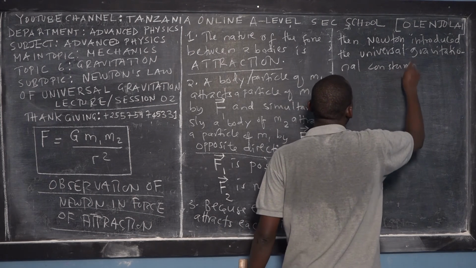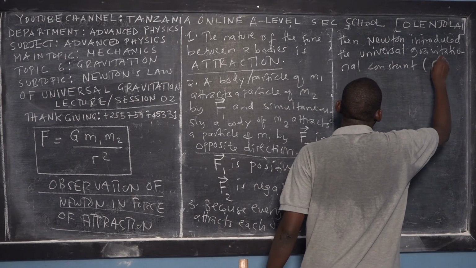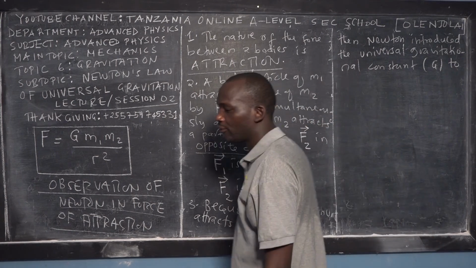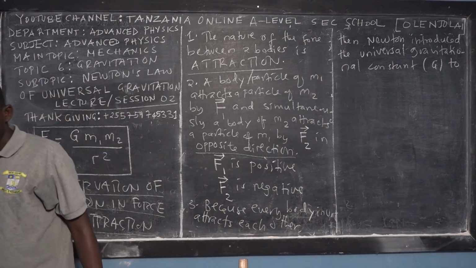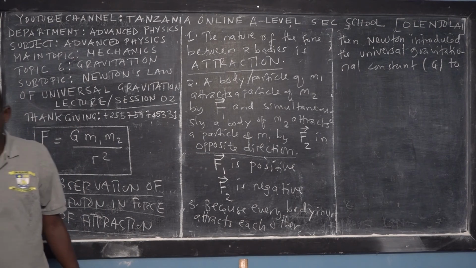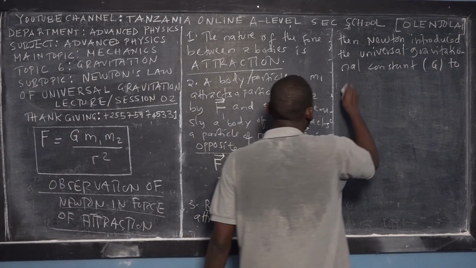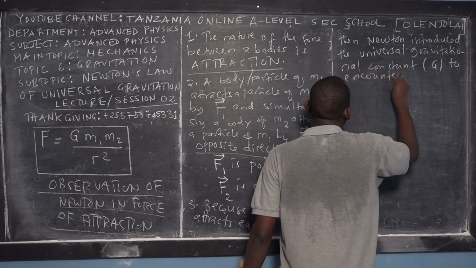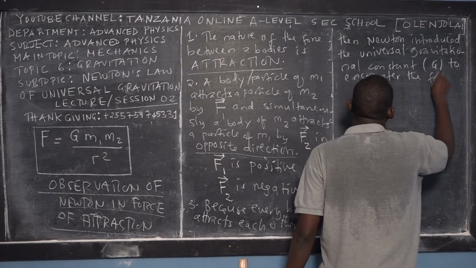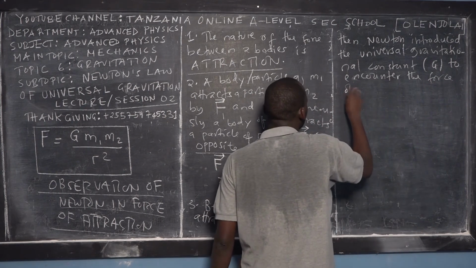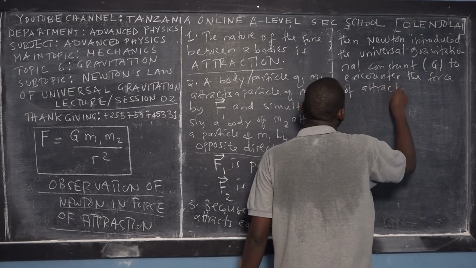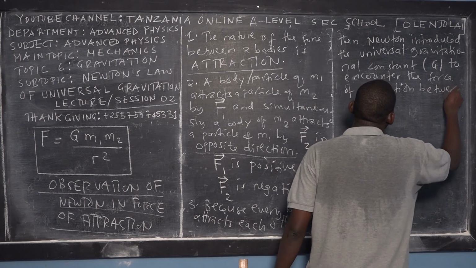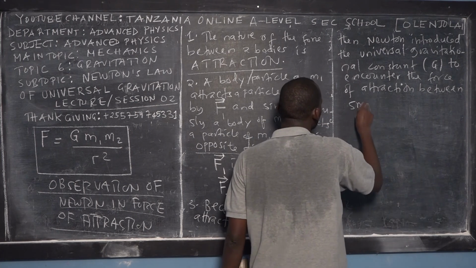And this gravitational constant in physics uses the capital letter G. Why? To encounter the force of attraction between small bodies.